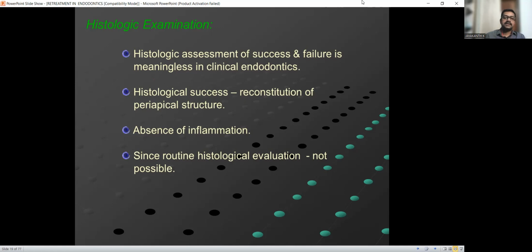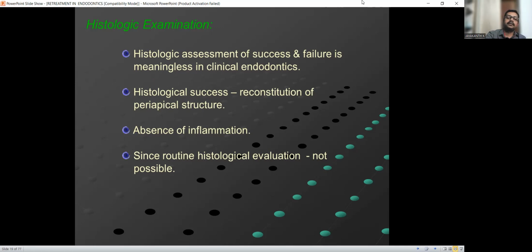Since routine histological evaluation is not possible, you cannot count histological examination as a criterion for a successful treatment, because you cannot rely on the reconstitution of periapical structure, because it takes time. Sometimes it can take a longer time for reconstitution of periapical structure, and still it may be in a healing condition or in a healthy status. So you cannot rely on this fact.